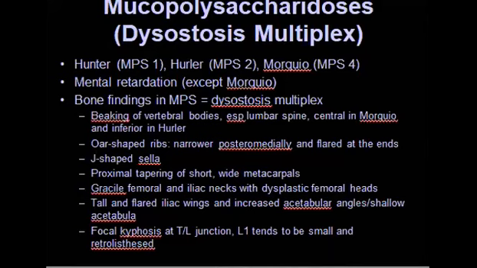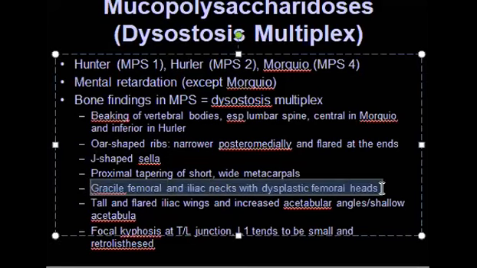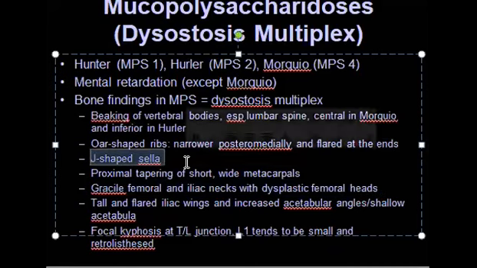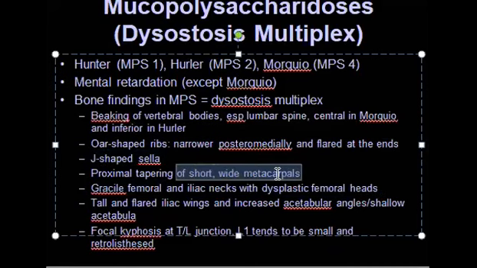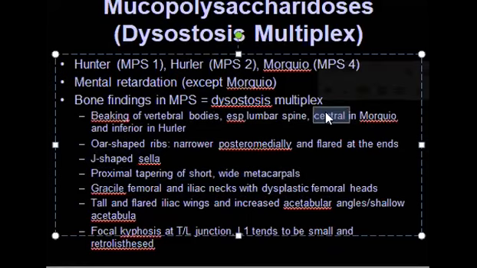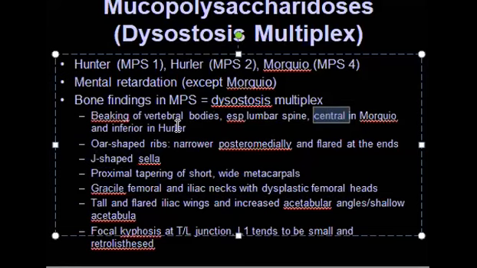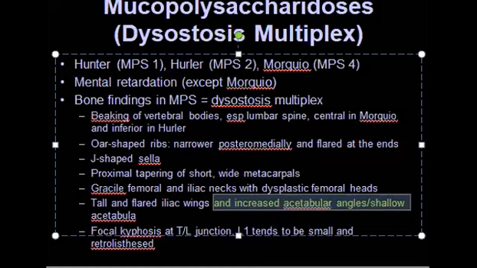We mentioned most of the criteria: gracile femoral and iliac necks, dysplastic femoral heads, J-shaped sella, proximal tapering, wide metacarpals, beaking, and it will be central or midline Morquio, inferior will be Hurler. There can be some focal kyphosis, and the acetabular angles will be increased with shallow acetabulum.